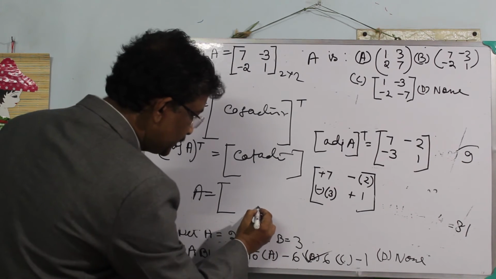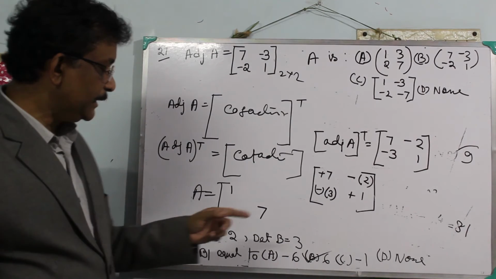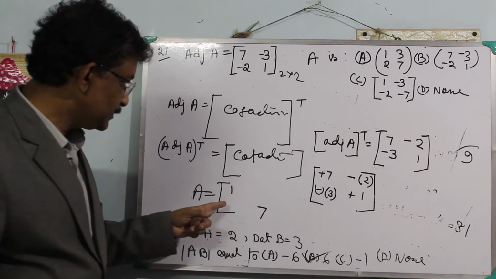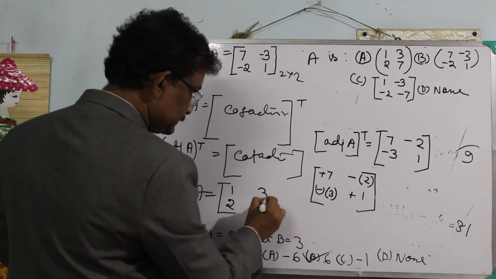So 7 was here and 1 was here, and 2 was here, and 3 was here.